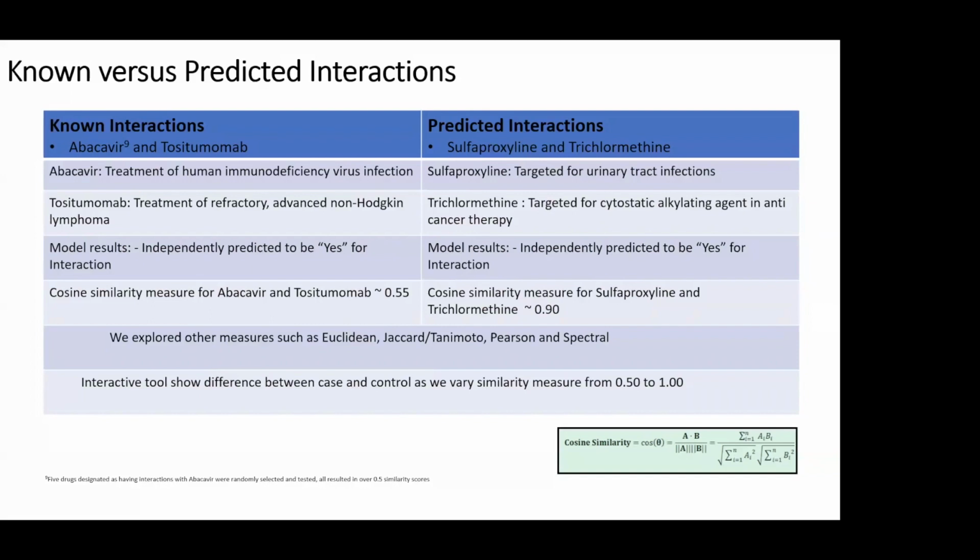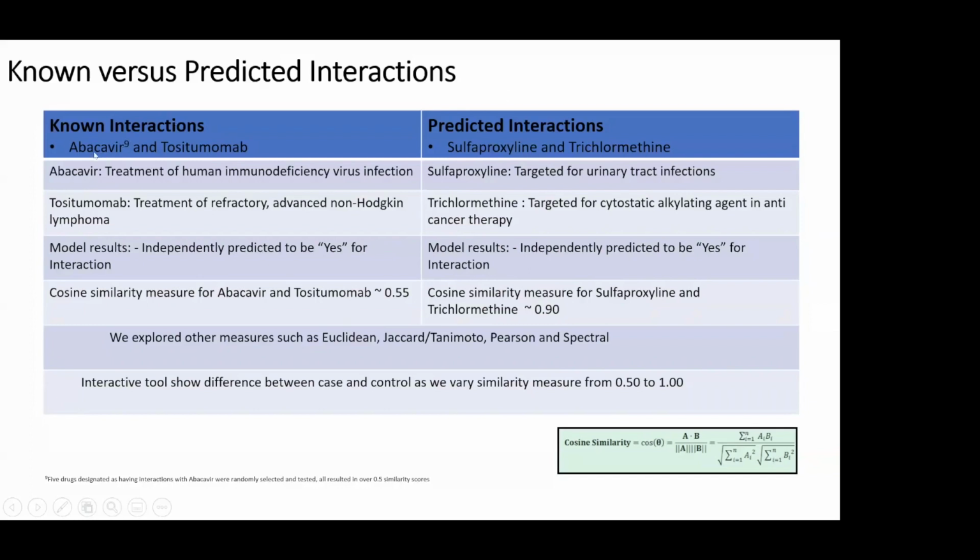Why? When we applied cosine similarity measure compared to others on the samples of drugs we extracted from DrugBank, we found out that for the most part, most of them had a score that is over 50%. So based on that, what you see on your left-hand side for known interaction is just an example of one of the drugs.